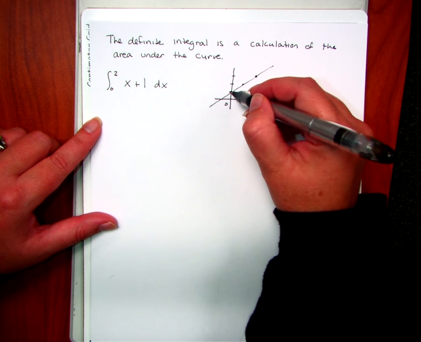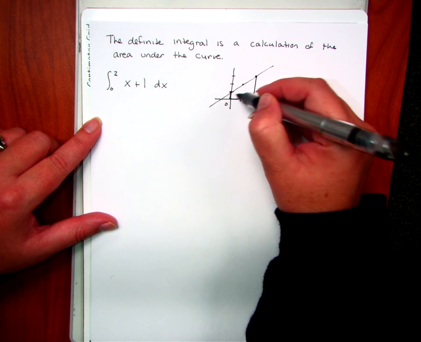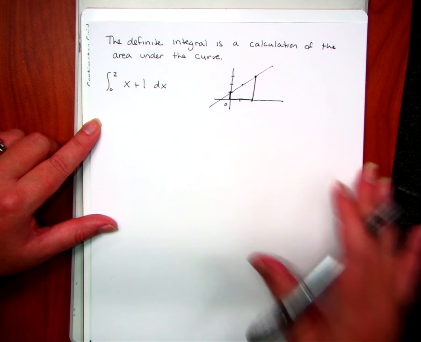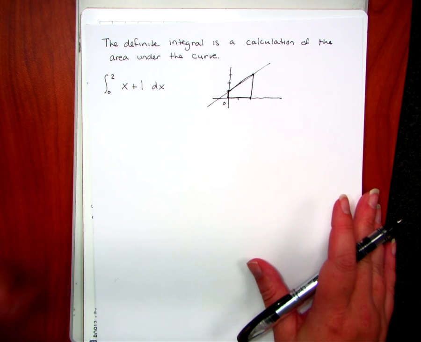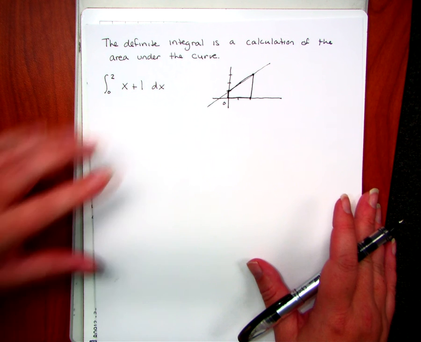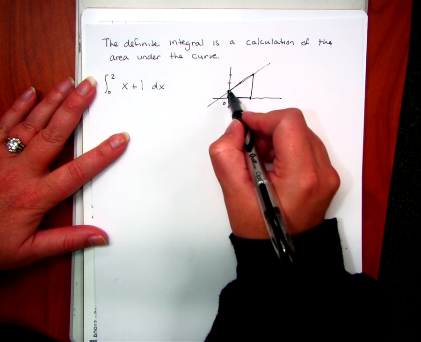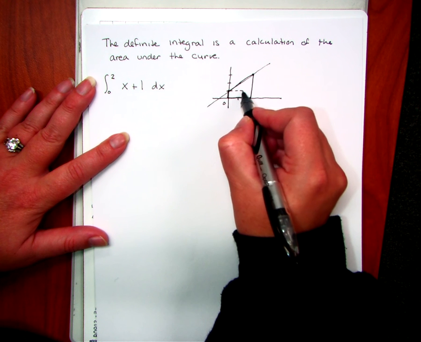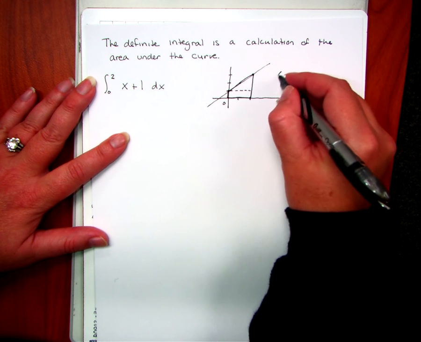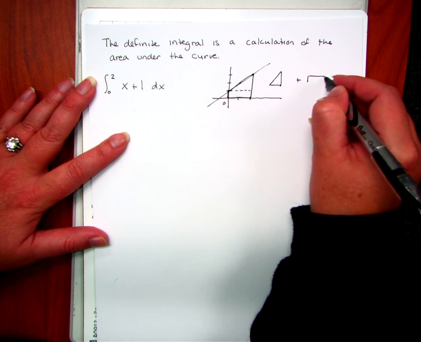And I want to find the area between 0 and 2, between the graph and the x-axis. This is a straight line, which makes a really nice geometric figure. If I were to break this down, I would probably do a triangle on top of a rectangle. So I'm going to find the area of this triangle plus the area of this rectangle.